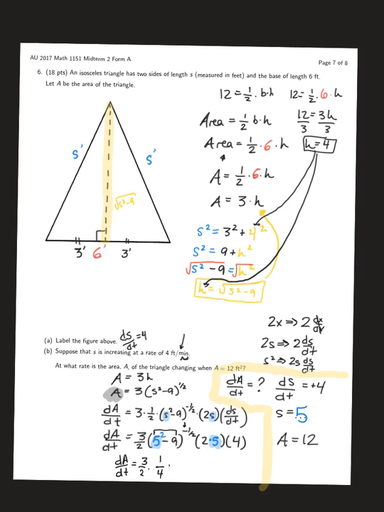Then 2 times 5 is 10, times 4. So a lot of these things cancel out, right? 4 and 4, then the 2 becomes a 1, and the 10 becomes a 5. And what we're left with here is 15 square feet per minute, which is the rate at which the area is changing. Okay?